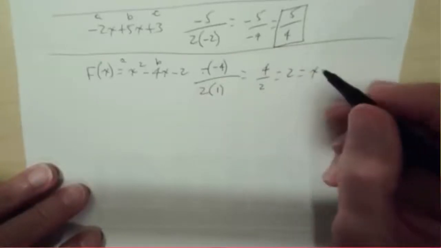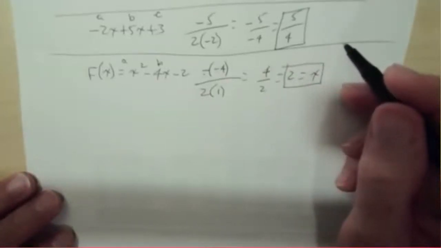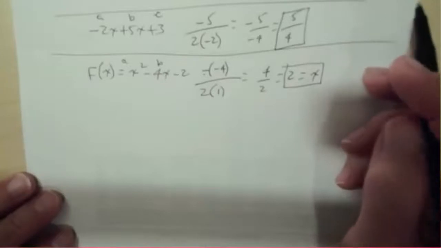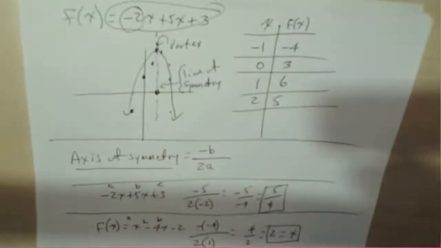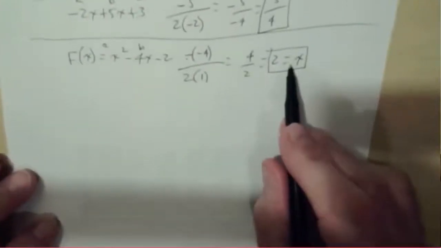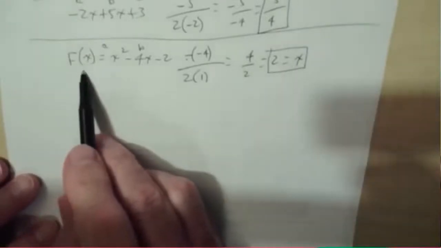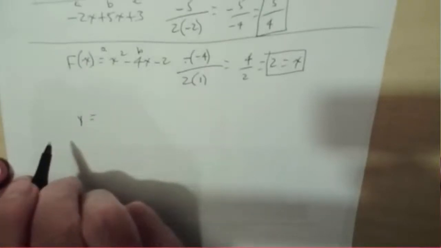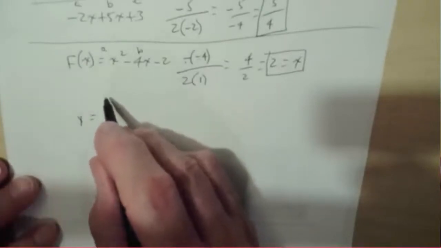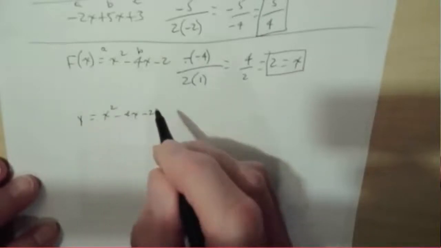Now remember, that's our x. Now in order to find the vertex, and again the vertex is this point right here, in order to find that, we know what x is. Now what we have to have is y. Now remember, f of x is the same thing as y. So let's use y here. Y equals, I'm going to go ahead and rewrite this, x squared minus 4x minus 2.